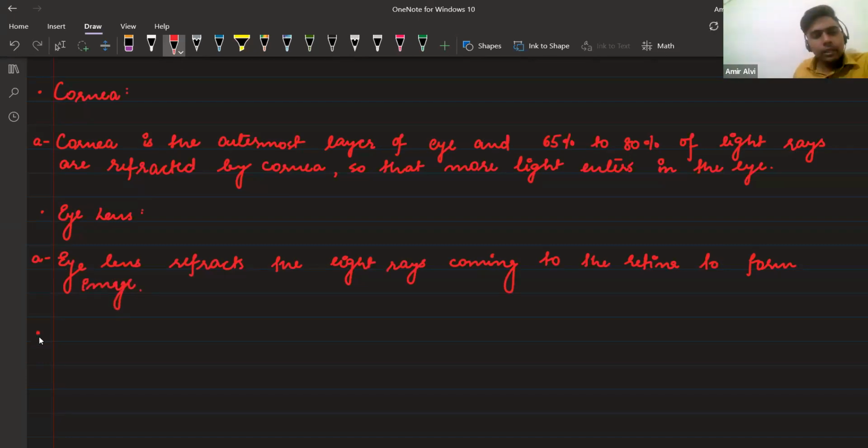Okay. Next, after the eye lens, are the ciliary muscles. Ciliary muscles hold the eye lens so that it is in the proper shape. Okay.